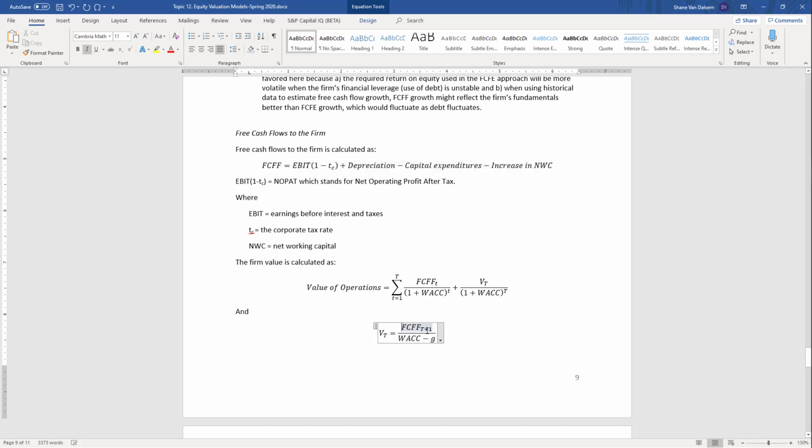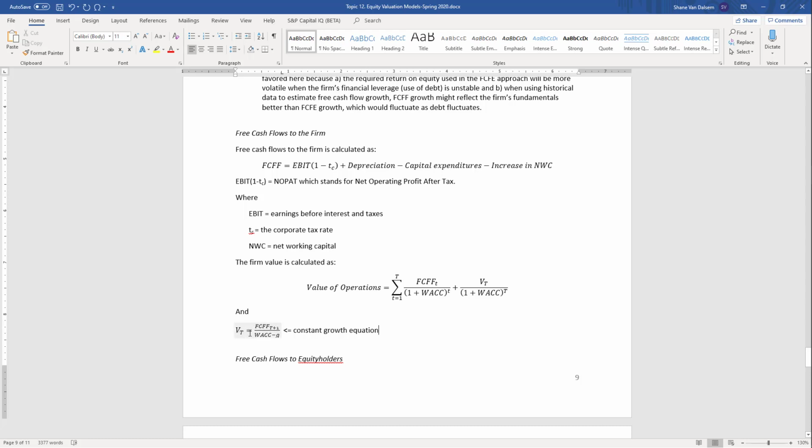The equation down here assumes a constant growth rate. So this is our constant growth equation. If you take a look at the constant growth equation for dividends, it's the same setup.